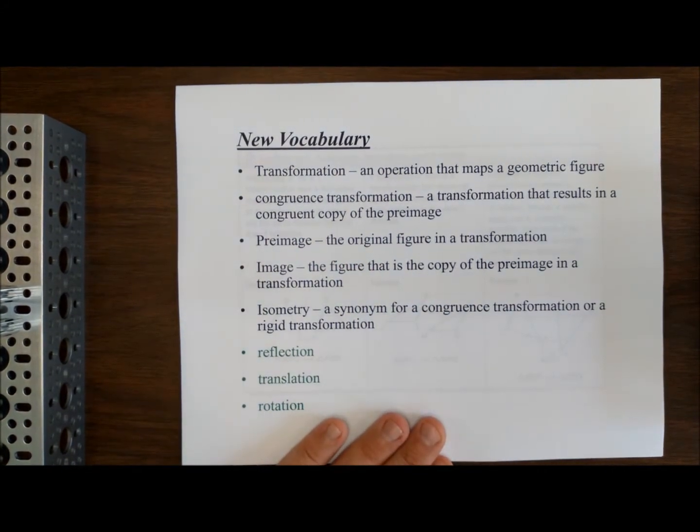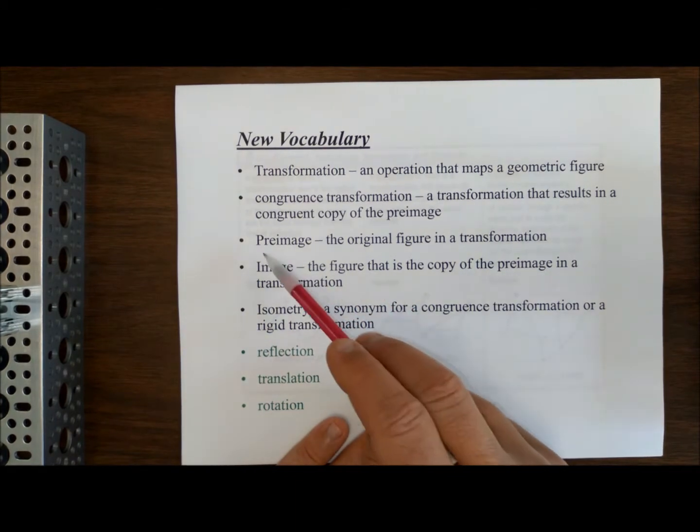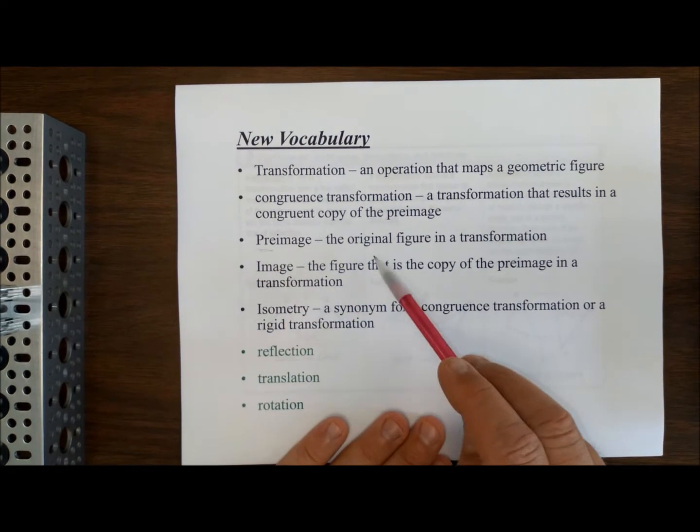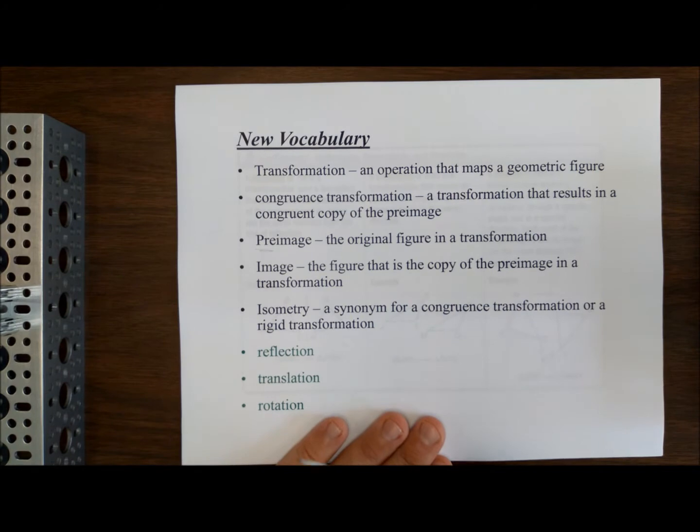When we do these transformations, the pre-image, pre meaning before, is the original figure, and the image is the copy, the figure that is the copy of the pre-image. And you're going to see this term isometry.